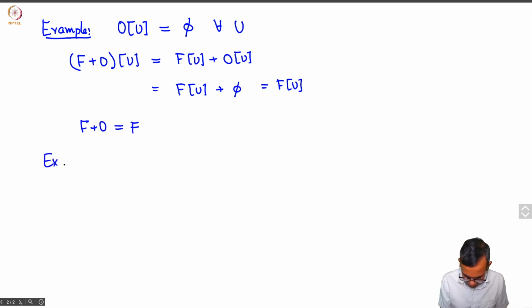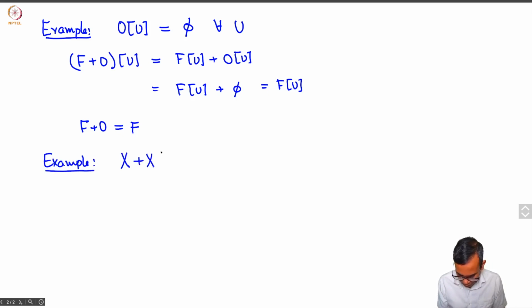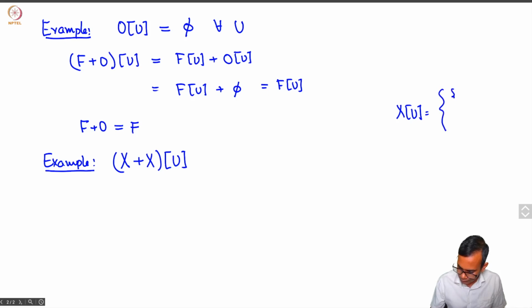Let's look at another example where there may be a duplication of structure. So let's say, what is X plus X of U? So recall that X of U is just singleton U if the cardinality of U is 1 and it is empty otherwise.